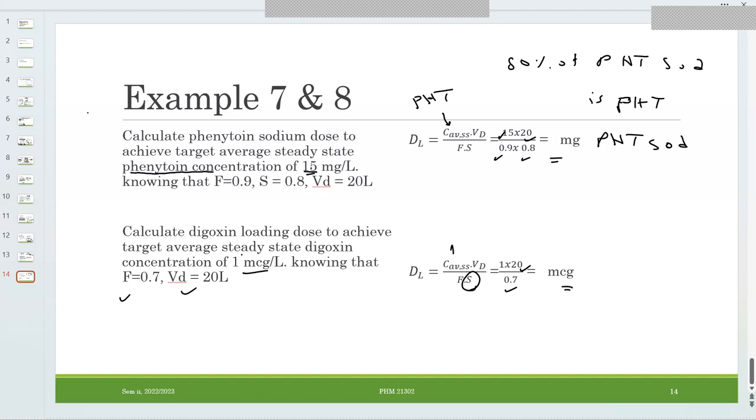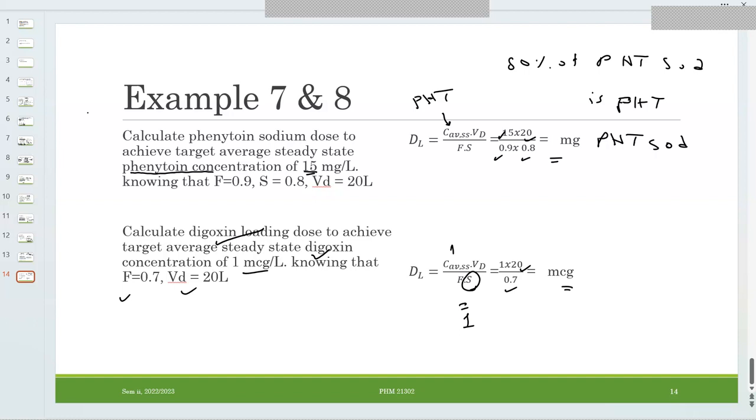Why didn't we use the S value? Because the level is digoxin, the dose is digoxin dose. So the dose is also digoxin. We didn't use any salt, so the value is equal to 1, because 100% of digoxin is digoxin, right? And then you can calculate how much should be the loading dose.